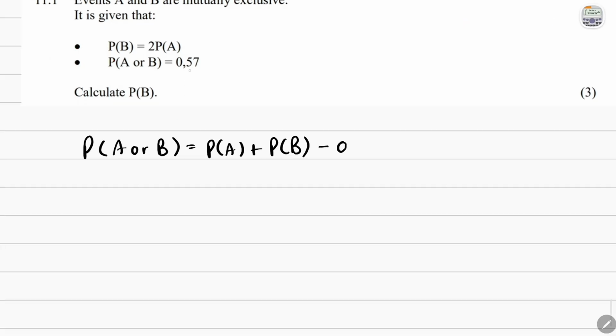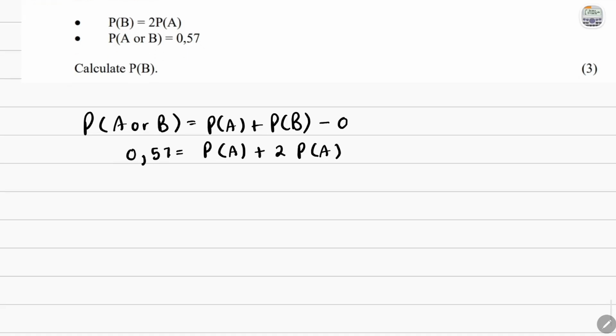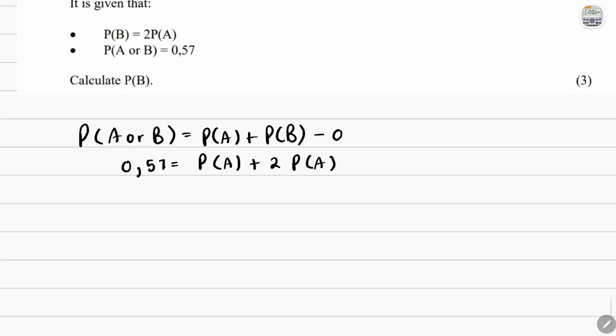So the probability of A or B, that is 0.57, is equal to the probability of A plus the probability of B, which they told us was 2 times the probability of A. So you see that this equation will solve for the probability of A, but then we can use that to solve for the probability of B.